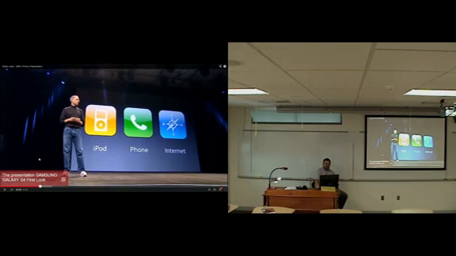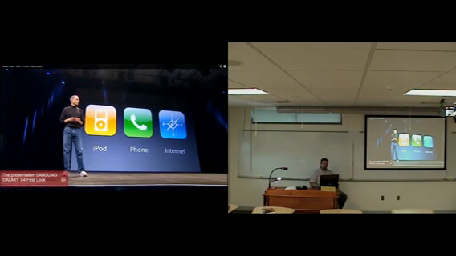So notice, he's talking about the first iPhone, which was essentially the first smartphone, right? Notice that he's describing what this phone does. But he only has 3 things up there on it. He hasn't even shown the crowd what the phone looks like. They don't even know that it's a screen with no dialing buttons or anything on it. They don't know anything about it, but he's telling them what it can do. 3 basic things: iPod, phone, and internet.